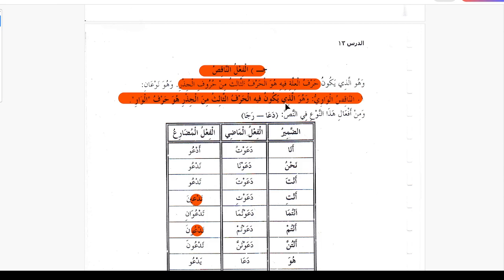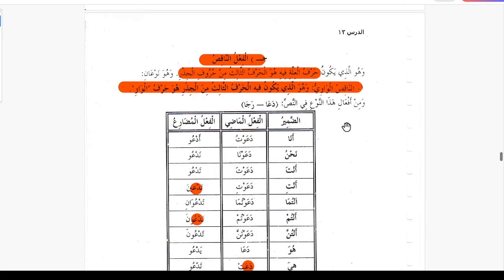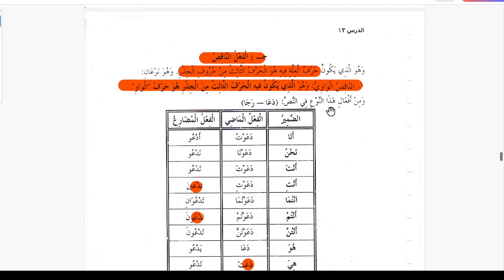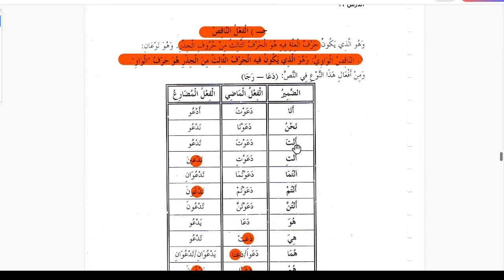So when the harful illa is waw as the third radical, then it's called naqisul wawi. The example is like da'a, raja. So here actually is waw, da'a yad'u, which we can see in fail madare, and raja yarja. So that is why it's called naqisul wawi.